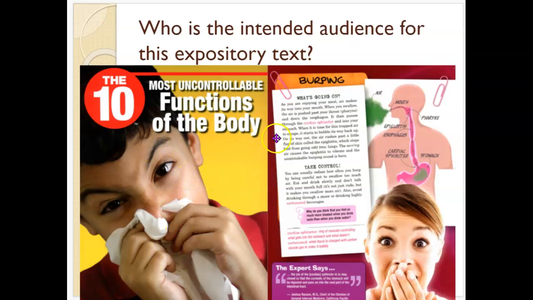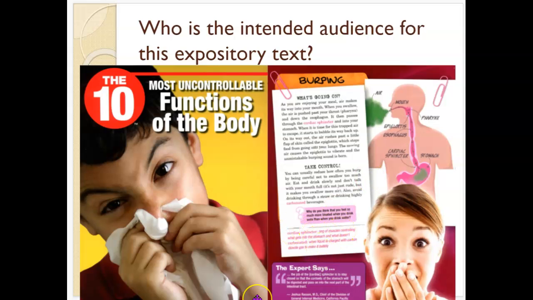We have a picture of an individual that looks young, so not an adult. This could be an adult in this image, but also could be a teen. There is an illustration that does not seem to be exactly anatomically correct. It's not wrong, but it's not as specific as you would find in a medical book. There's a lot of color. There's a lot of call-out boxes here.